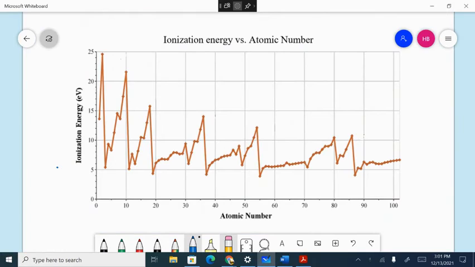Here is a graph of said ionization energy versus atomic number. So as expected, the ionization energy of the noble gases here, this noble gas is atomic number 10, neon. As expected, the ionization energies are going to be high.